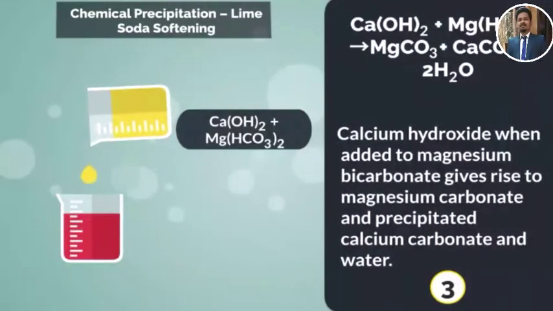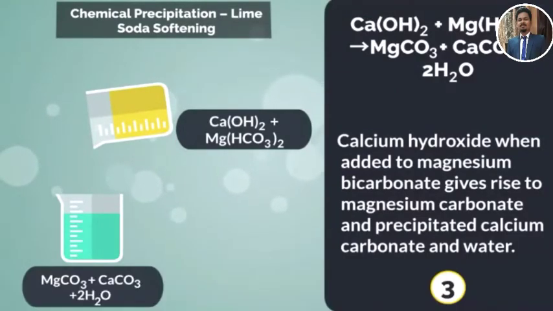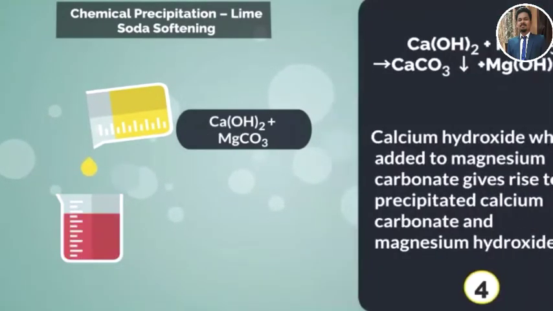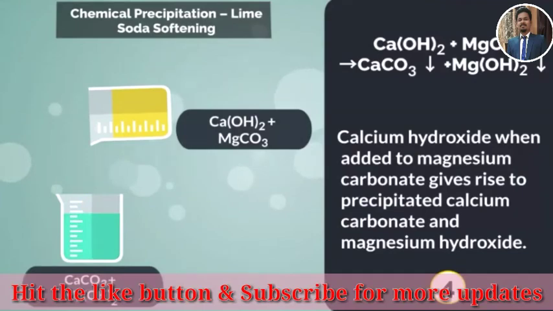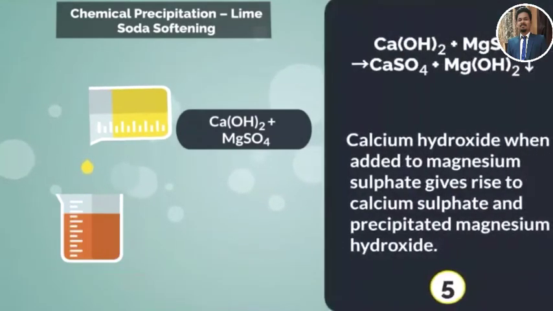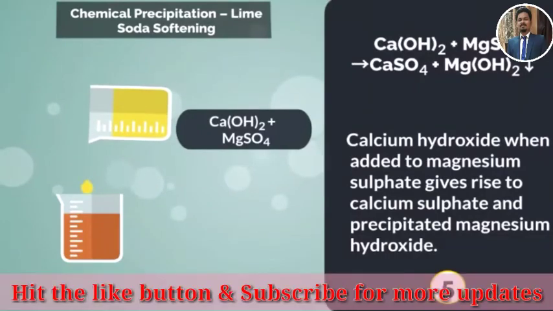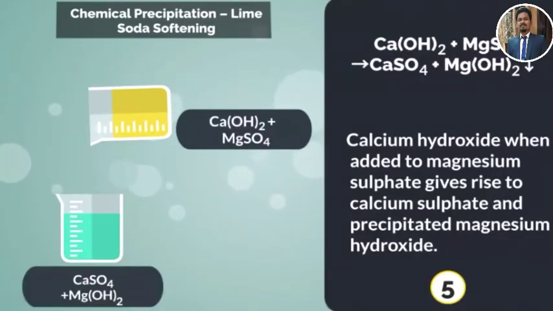Calcium hydroxide, when added to magnesium bicarbonate, gives rise to magnesium carbonate, precipitated calcium carbonate and water. Calcium hydroxide, when added to magnesium carbonate, gives rise to precipitated calcium carbonate and magnesium hydroxide. Calcium hydroxide, when added to magnesium sulfate, gives rise to calcium sulfate and precipitated magnesium hydroxide.